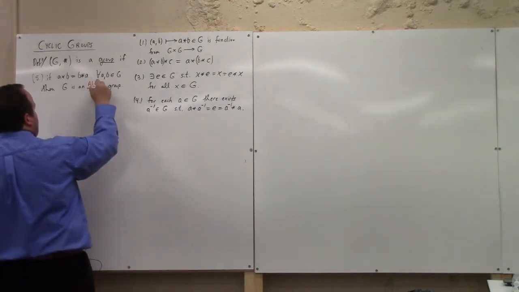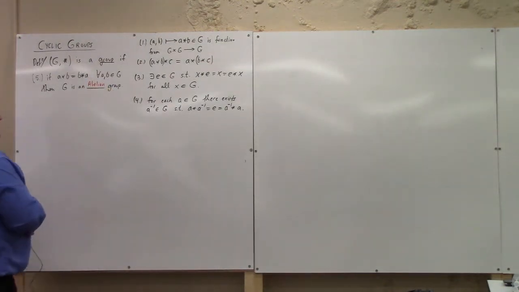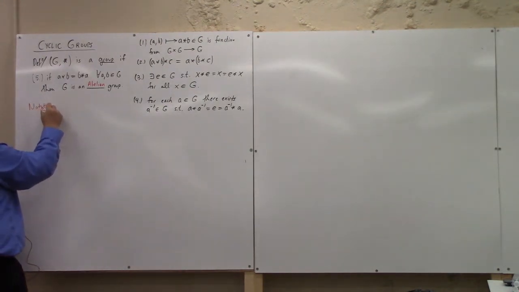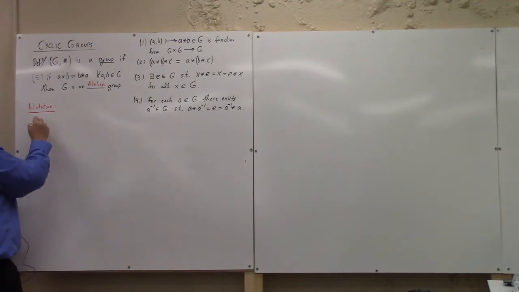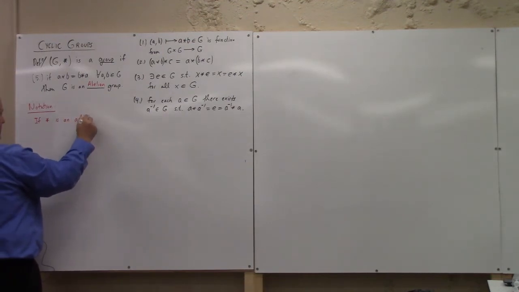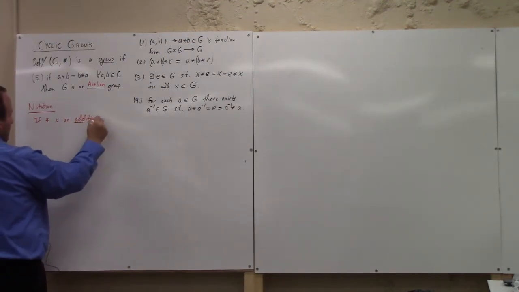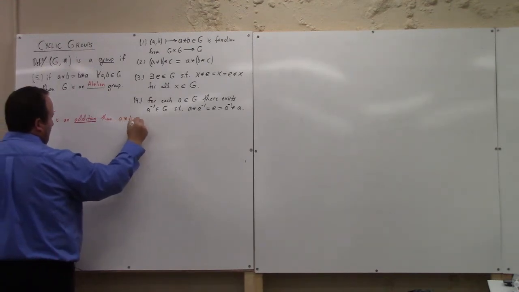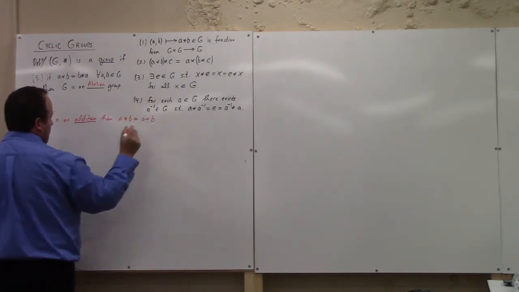Now, first things first, the notation. Let's talk about notation. So if star is an addition, then typically the notation we use is A star B is equal to A plus B, all right?